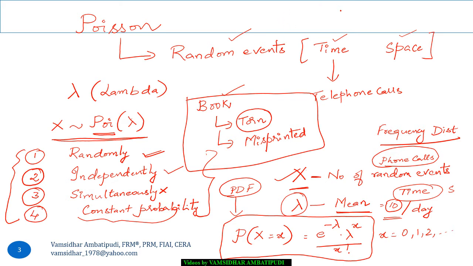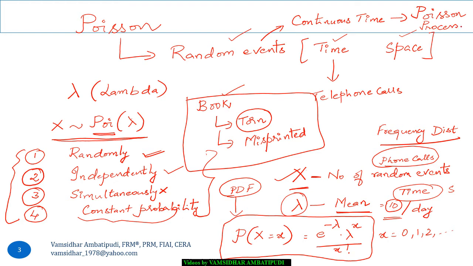Alright. And here, if the random events are occurring in a continuous time space, obviously it can occur any second, any minute. If these random events occur in continuous time or space, then we call such processes Poisson processes.